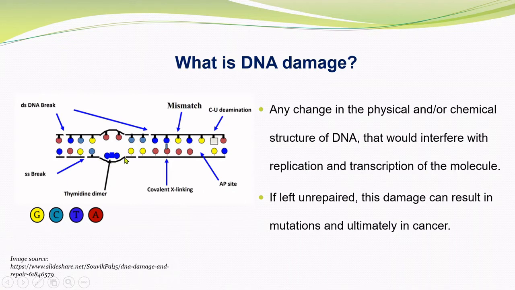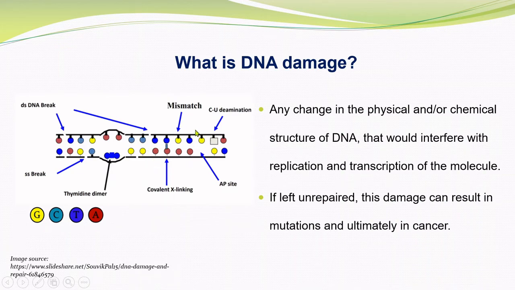It can be a physical distortion due to a dimer formation within the strand, or mismatch of bases in the molecule of DNA, or it could be the presence of an AP site, which is a position from where the nitrogenous base has been removed, or there may be a mismatch in the strand of DNA.